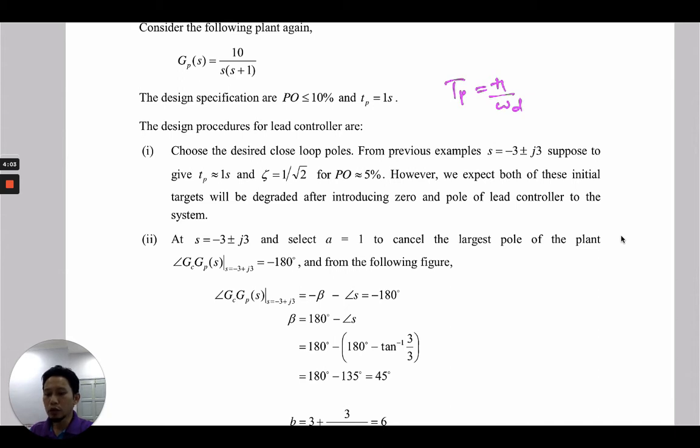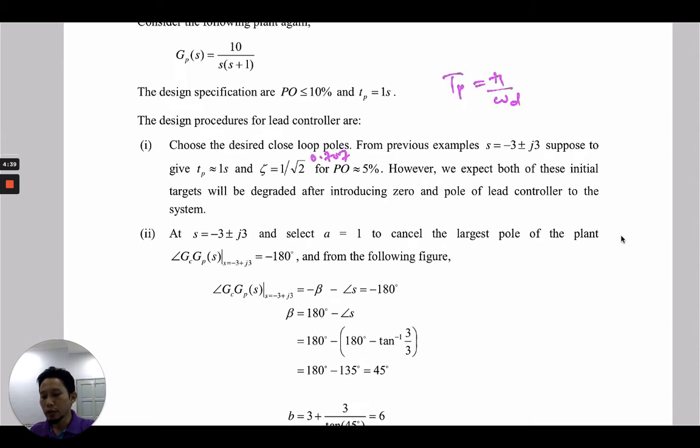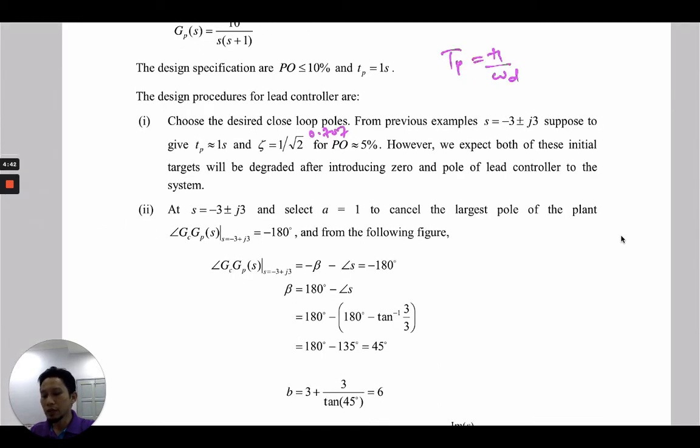Then we want about 5% overshoot, which corresponds to zeta = 1/sqrt(2), or 0.707. However, we expect both of these initial targets will be degraded after introducing the zero and pole of the lead controller to the system. So what we set here is just an initial point, a starting point to fine-tune later on.